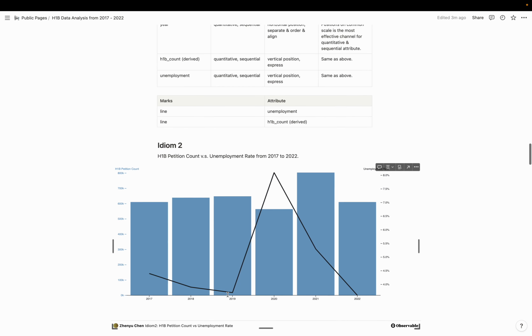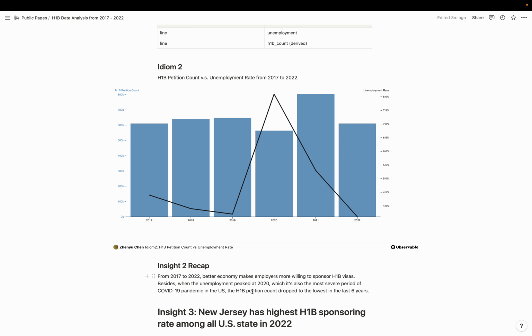And here is the second idiom. This one is also a hybrid chart, which includes a bar chart and a line chart. So here the bar represents the H1B petition count, and the line represents the unemployment rate of the United States from 2017 to 2022.